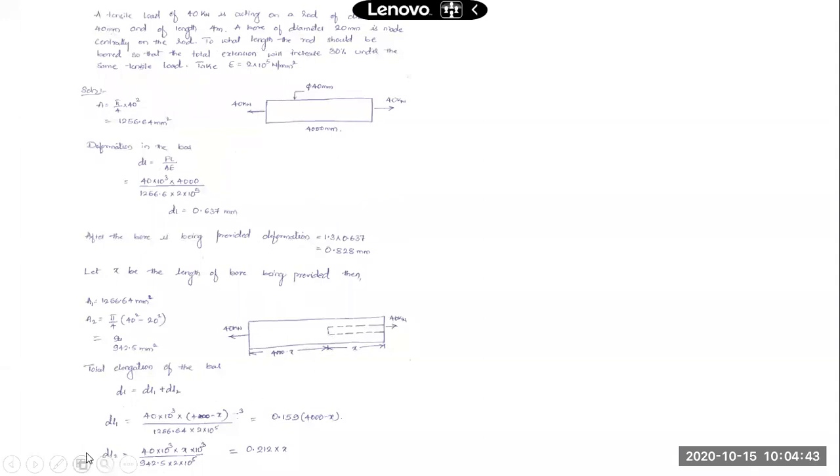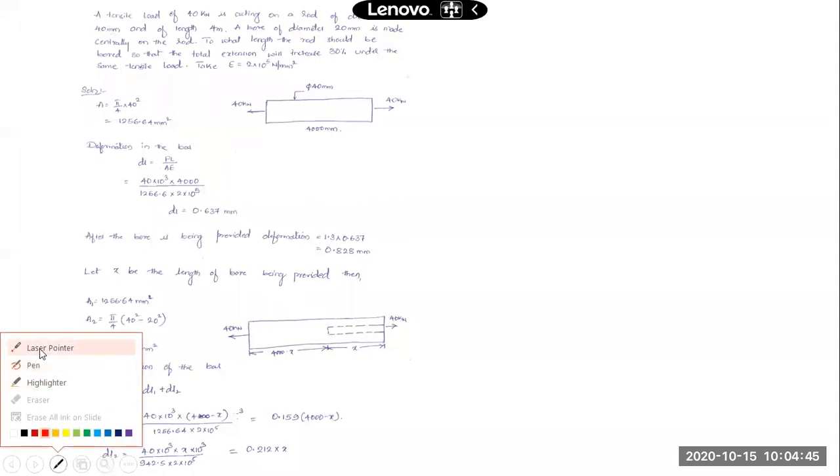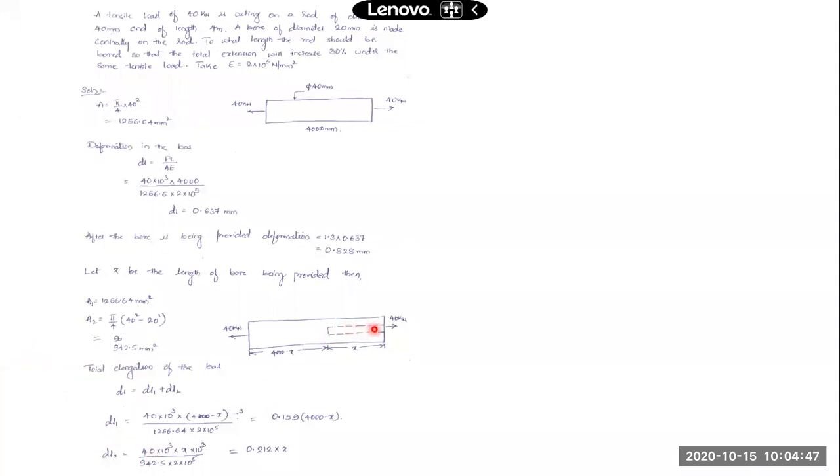Then for this portion where we have drilled the bore, the load will be the same, and the length will be this x because this is the length of the bore portion. So x into 10 raised to 3, in terms of mm, divided by E. What is the area?